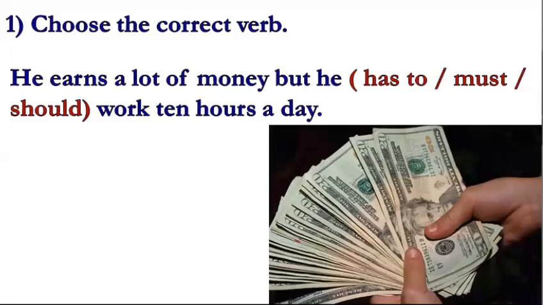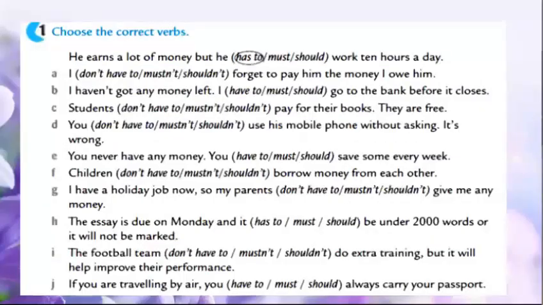If we use should, it means I'm giving advice or I feel strongly about something. So the option should is not true. So you have to choose, yes, exactly, he has to. It is necessary for him to do something, so he has to work 10 hours a day. Okay, so this is an example for the first one.